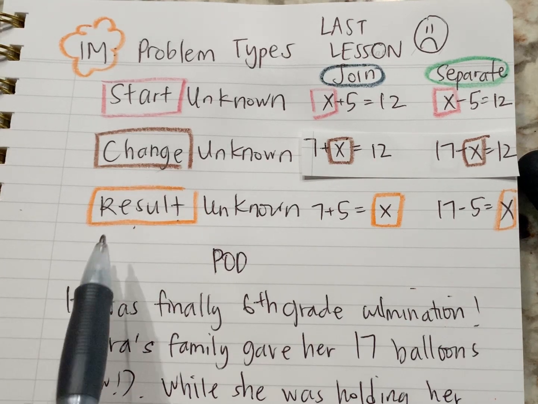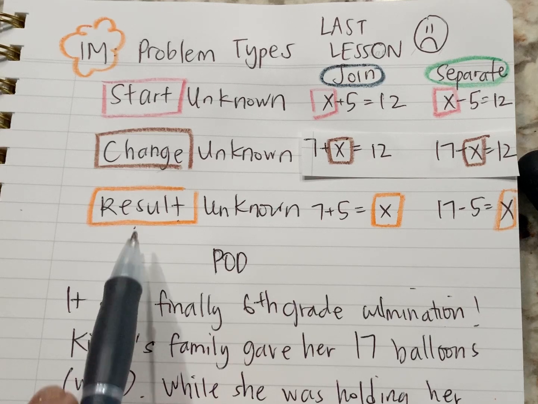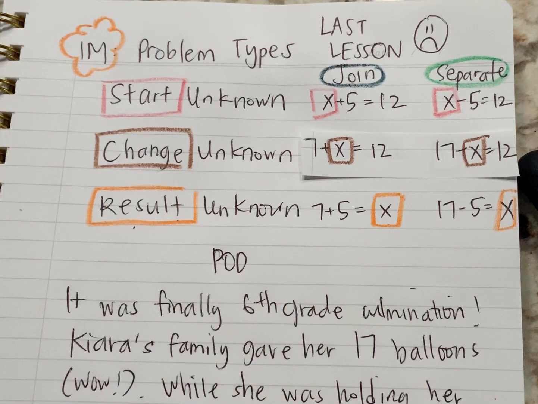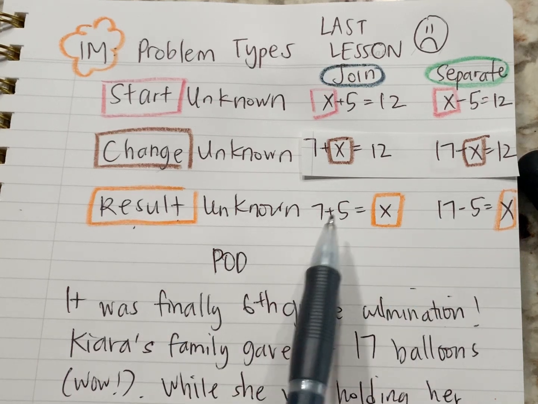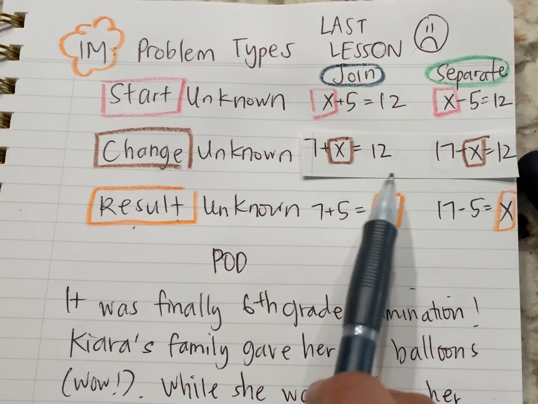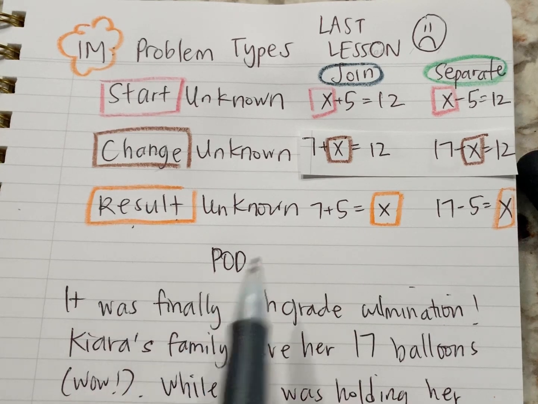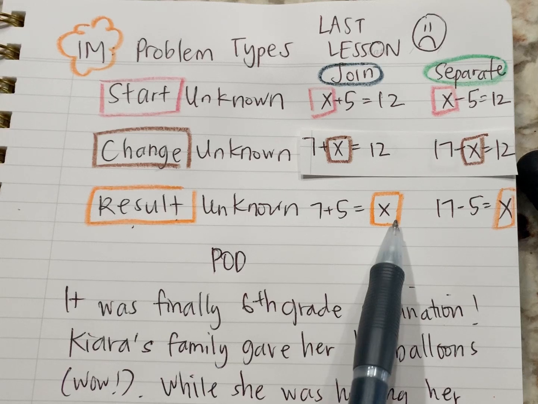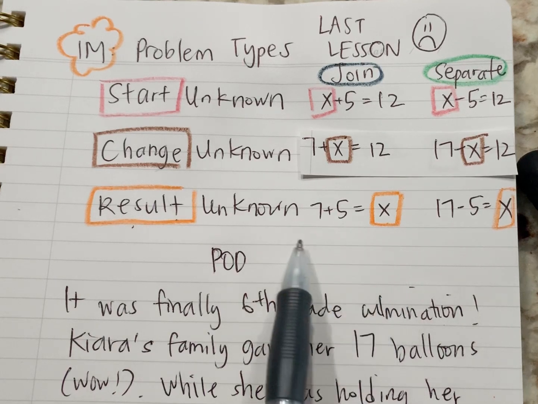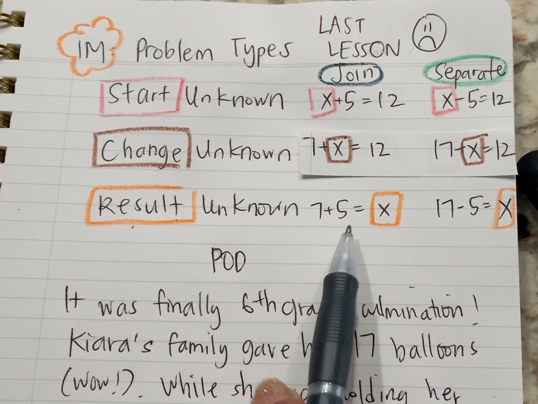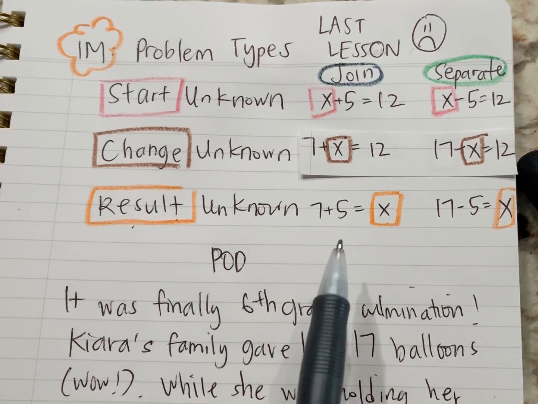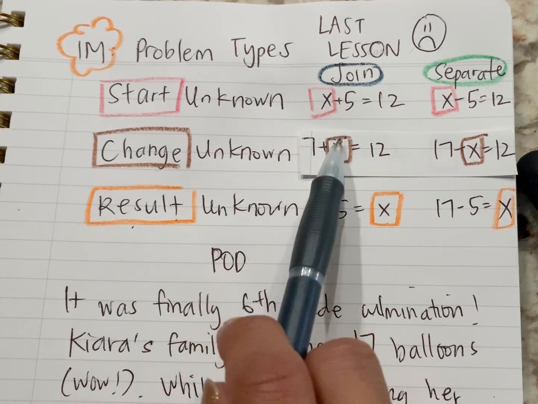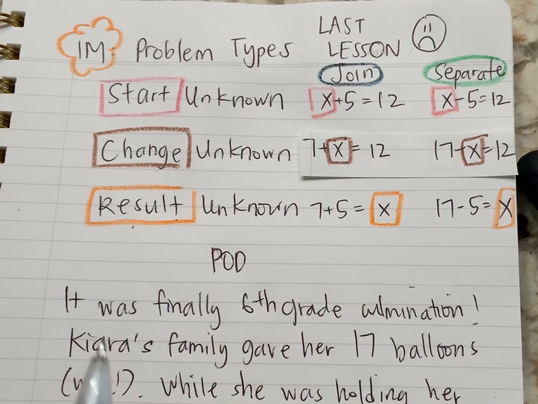Okay, and finally, result unknown. Result unknown is what you typically see in most practice problems, right? Blank plus blank, and you're missing the answer. So 7 plus 5 is equal to x. That's how you typically would say it, right? 7 plus 5 is equal to, and we've got to figure out what the answer is, right? When really, x is the quote-unquote answer for all of these equations, okay?